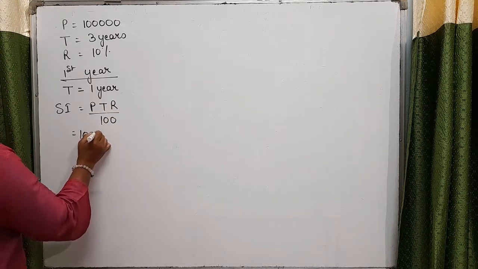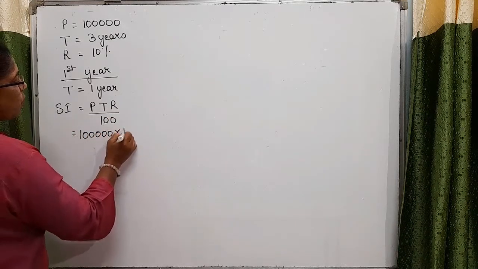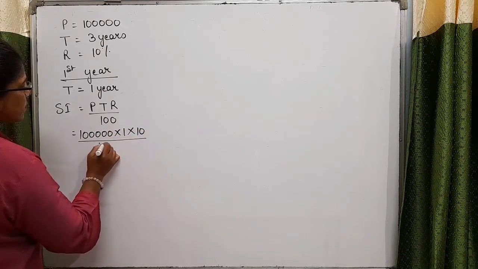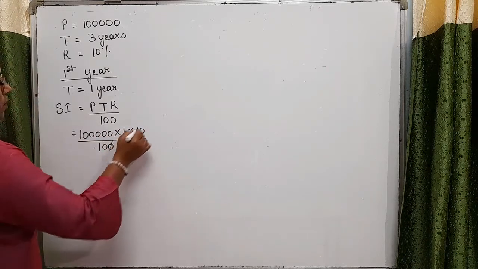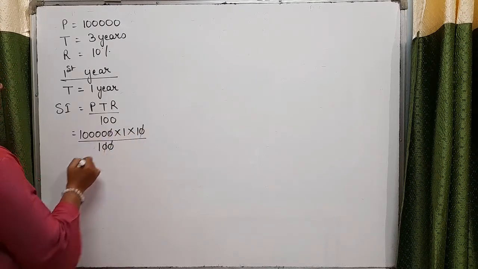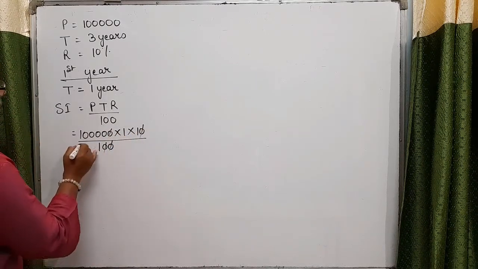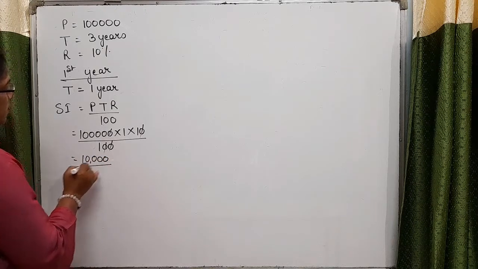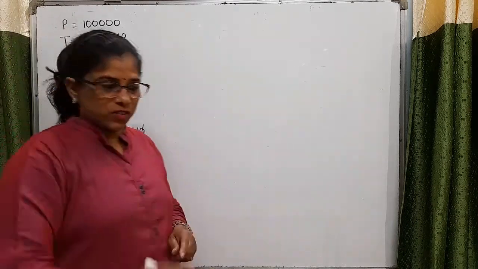We are borrowing 1 lakh rupees for 1 year. Rate of interest is 10 upon 100. We will cancel this 0, this 0. What we get here is 10,000. This is the interest we have to pay for the first year.